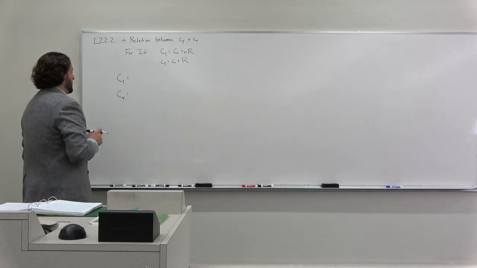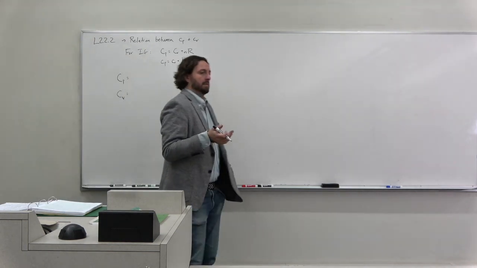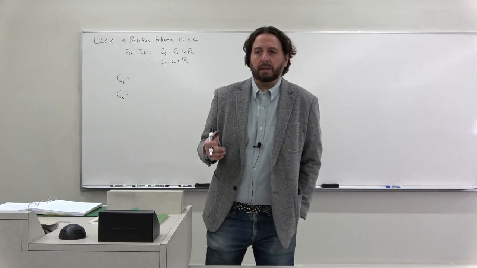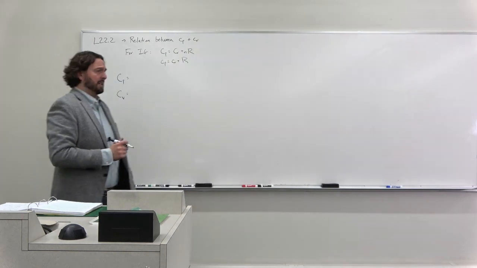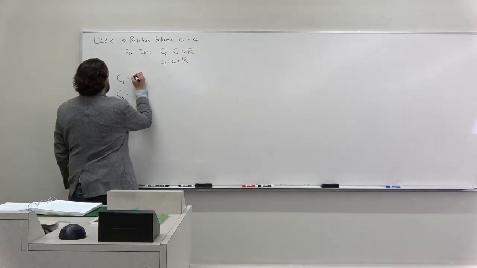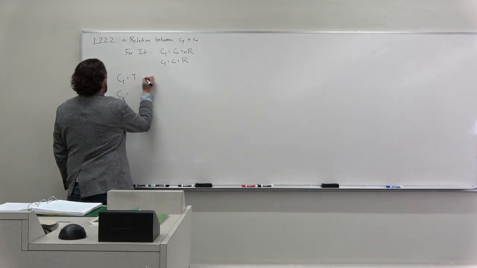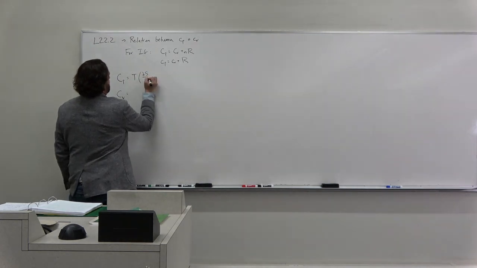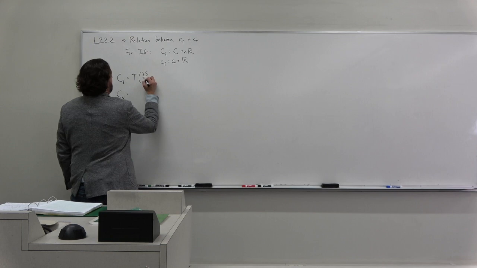But we now know that dq is an inexact differential. And to write this properly, we put it in terms of an exact differential. We say it's TdS, right? So this is partial S, partial T at constant p.